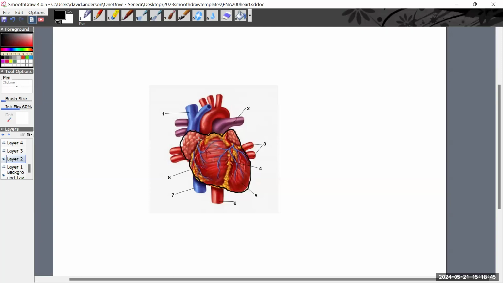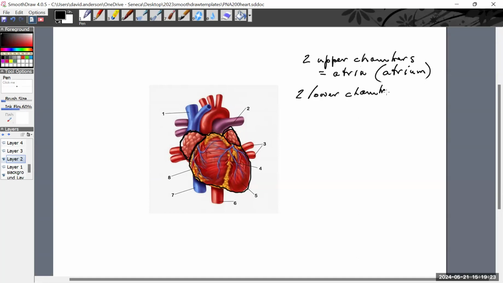Now, this chamber up here and over here represent atria. There's two of them, so that's a plural. If we were looking at a single one, it would be an atrium. And the two lower chambers are called ventricles.